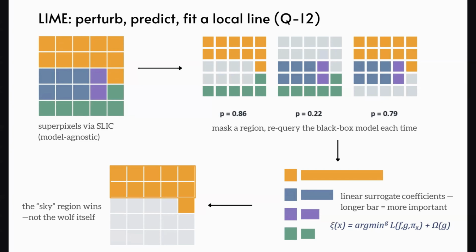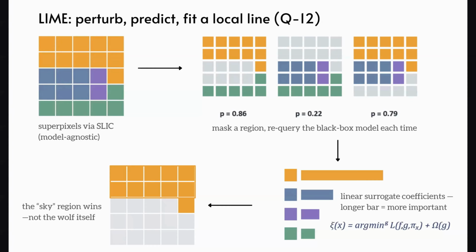So what Lime does is that instead of using the entire boundary and trying to understand the whole model's decisions at once, it only focuses on a very small local part. When you see the whole boundary as such, it is very complex and you cannot directly understand anything from it.